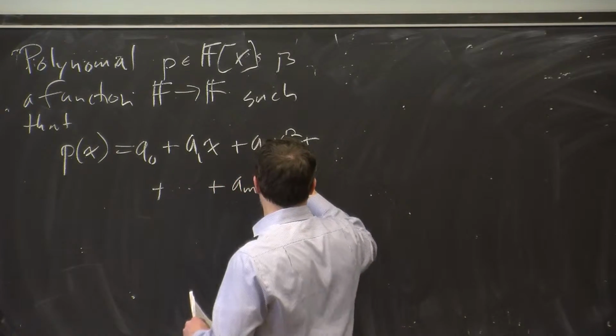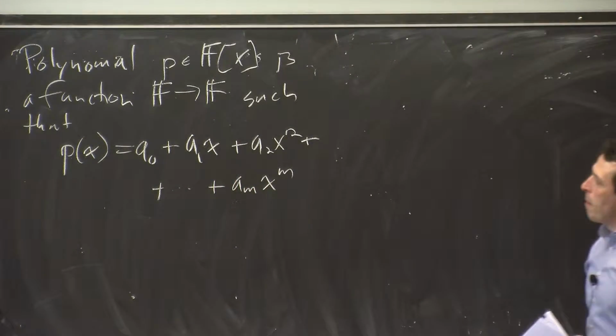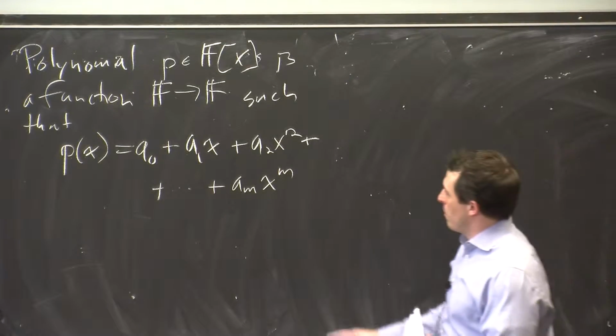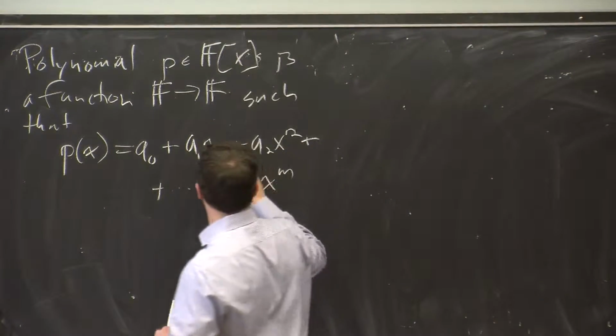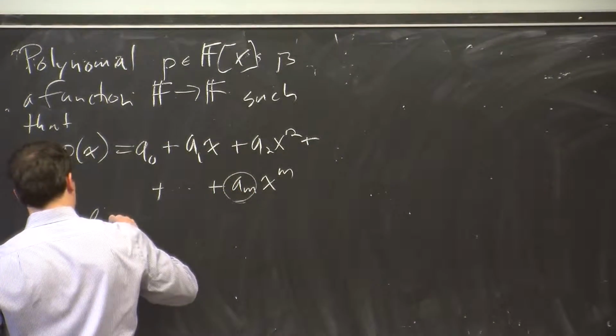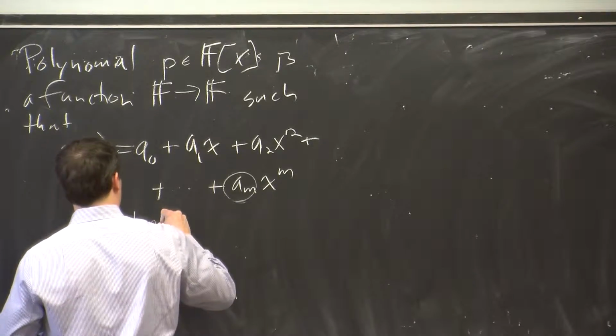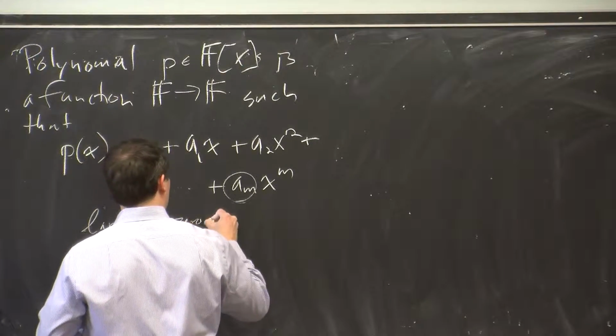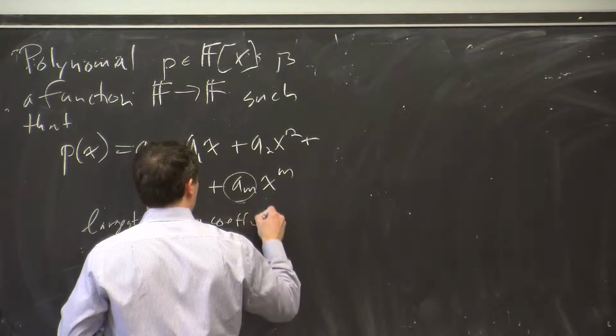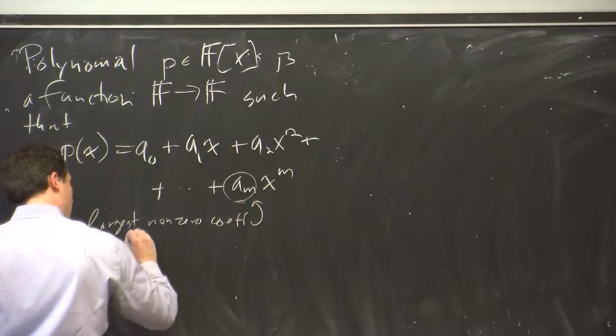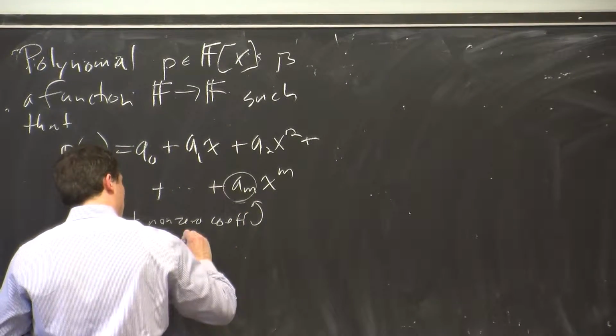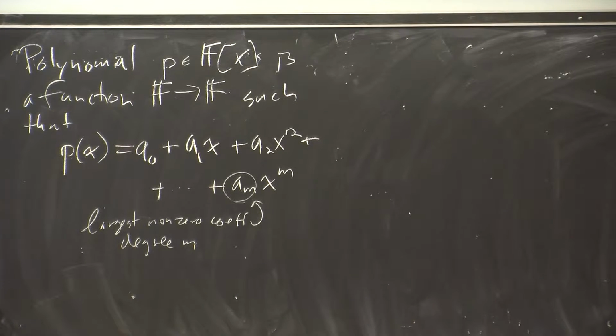And it's a finite sum, so there's some m such that a_m is the largest non-zero coefficient. In that case, we say that this polynomial has degree m. Degree is the exponent corresponding to the largest non-zero coefficient.